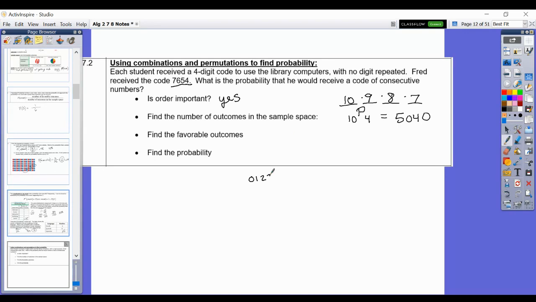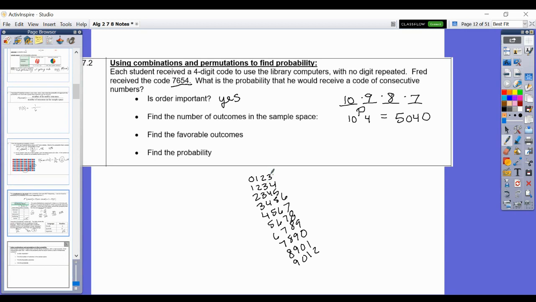So 0, 1, 2, 3, 1, 2, 3, 4, 2, 3, 4, 5, 3, 4, 5, 6, 4, 5, 6, 7, 5, 6, 7, 8, 6, 7, 8, 9, and it could cycle through. So 7, 8, 9, 0, 8, 9, 0, 1, 9, 0, 1, 2, and then I would be 0, 1, 2, 3 back at the beginning.